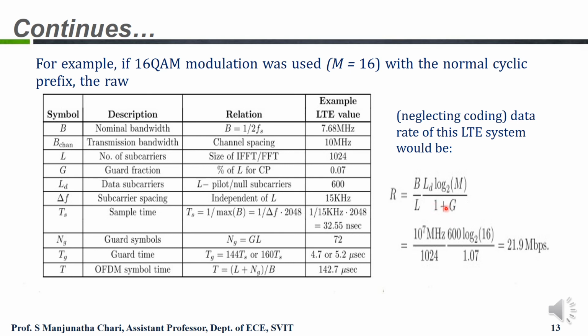So it becomes 1 plus 0.07, which is 1.07. Calculating this with a scientific calculator, it comes to 21.9 Mbps. That is the data rate at 10 megahertz with 1024 subcarriers.